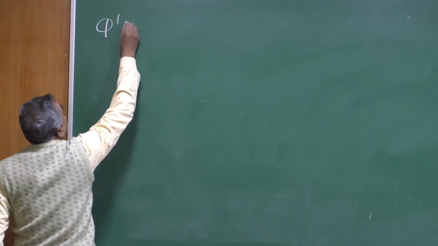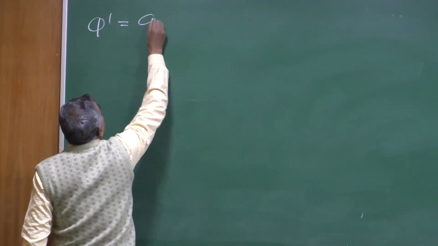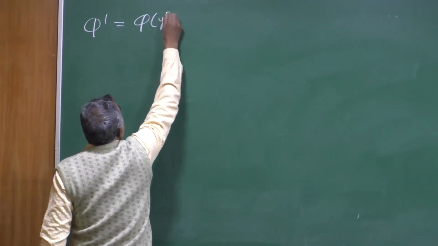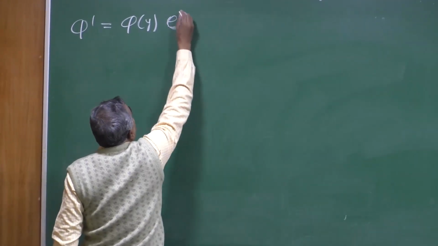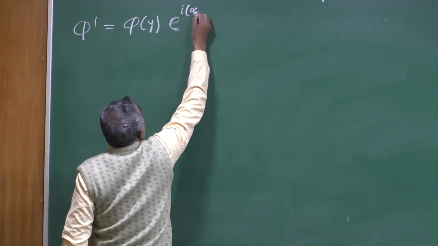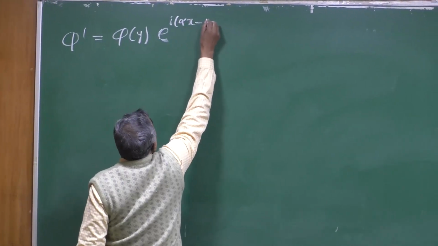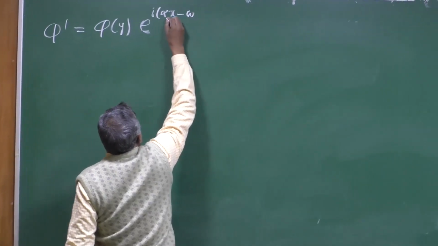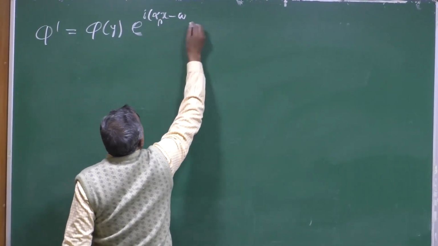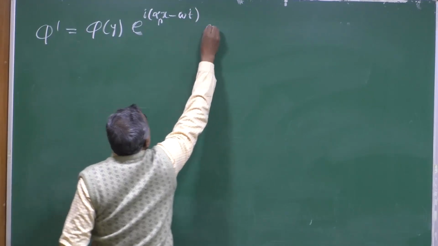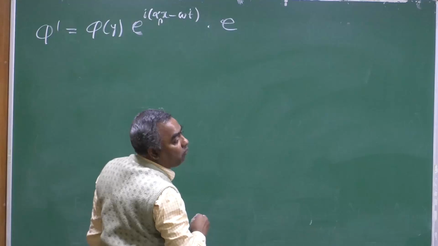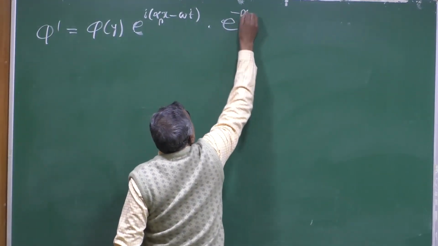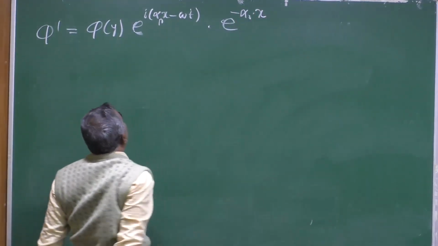So, we wrote this equals phi of y, which is also a complex function, exponential i (alpha r x minus omega t) into exponential minus alpha i x, right.